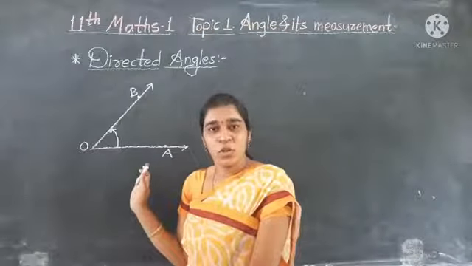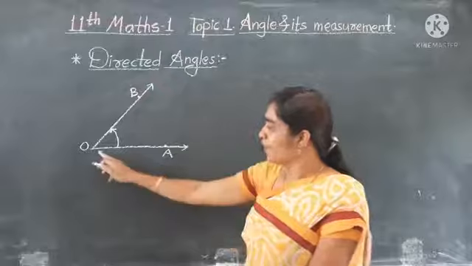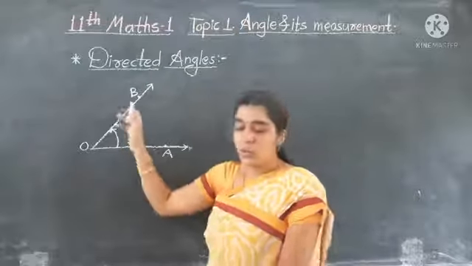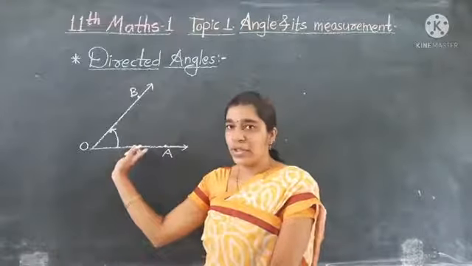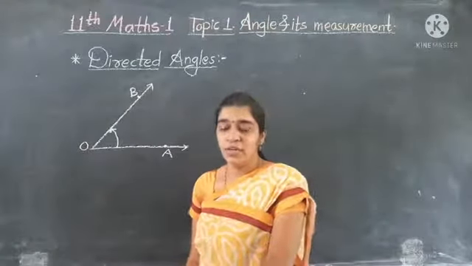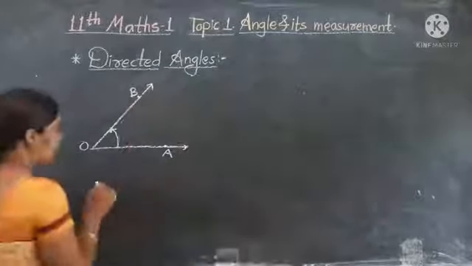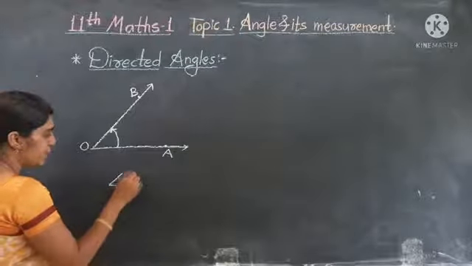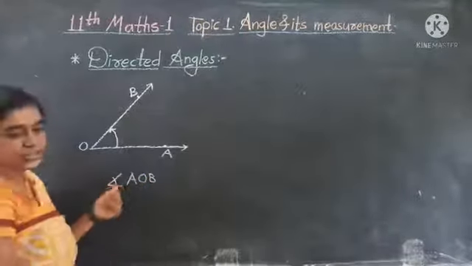So how to write the definition? The ordered pair OA bar and OB bar together with the rotation of ray OA to the position of ray OB is called a directed angle. We denote this directed angle as directed angle AOB.